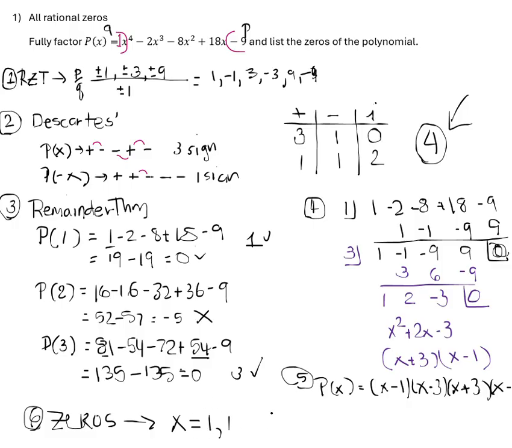This 1 has a multiplicity of 2, because there's 2 of them. Then 3. And in order to zero this out, I need a negative 3. So I have fully factored it right here in 5. And I have listed all of the zeros here in 6.